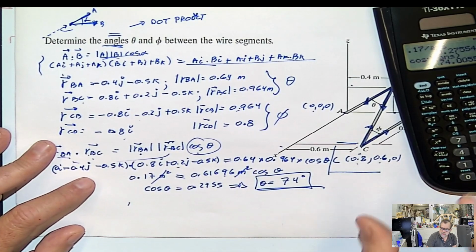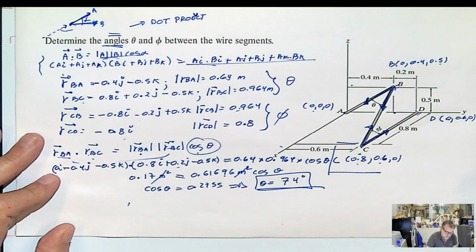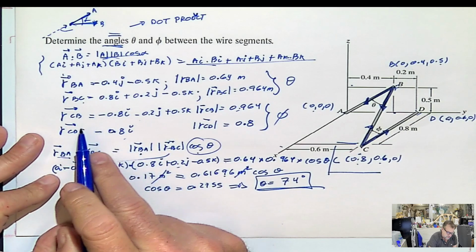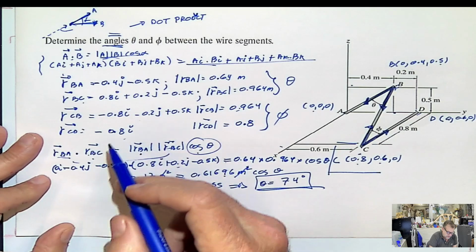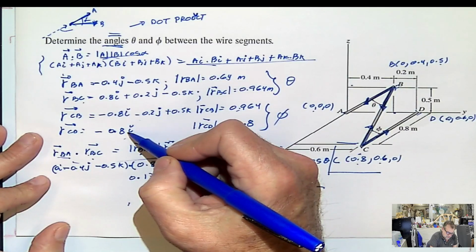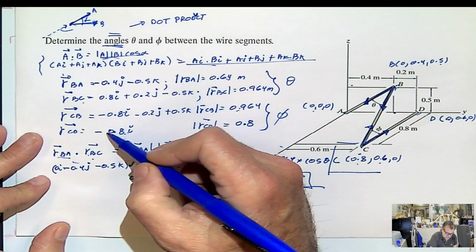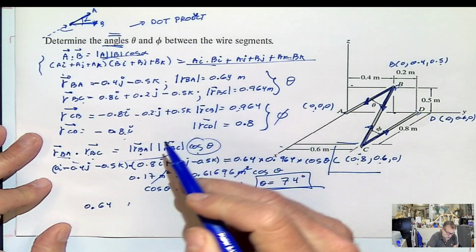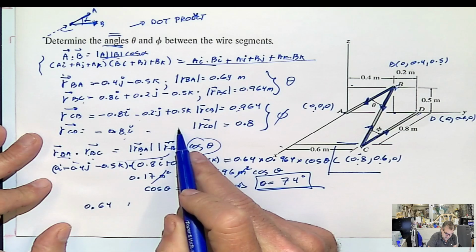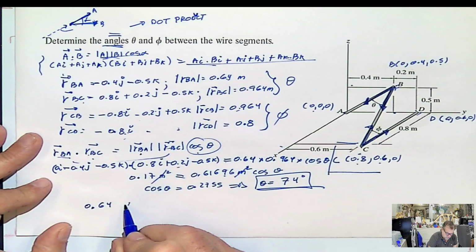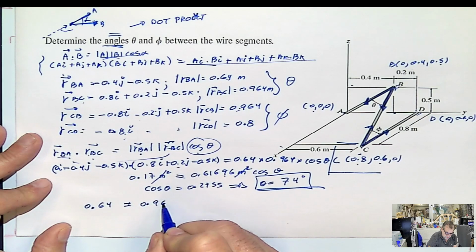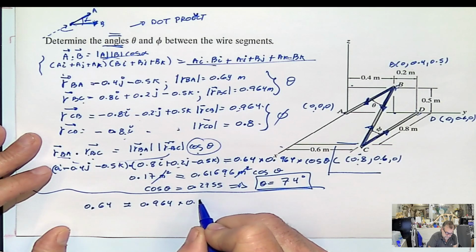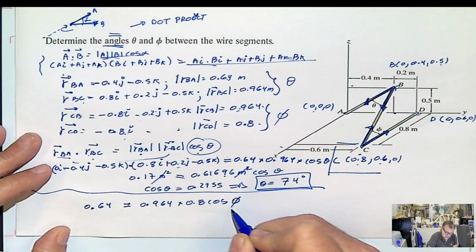Done. Now for the second one, it's the same, but now I work with these ones. So RCB times RCD will be i dot i, 0.8 times 0.8, minus times minus is plus 0.64. j dot j, 0, k dot k, 0, has to be equal to 0.964 times 0.8 times cosine of the other angle.